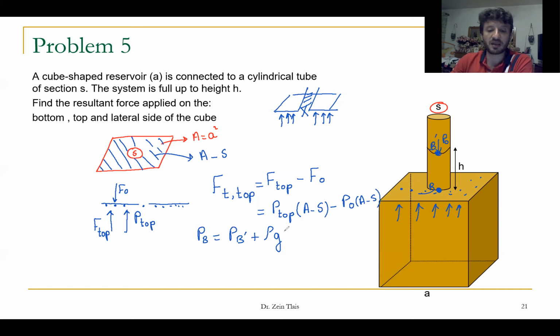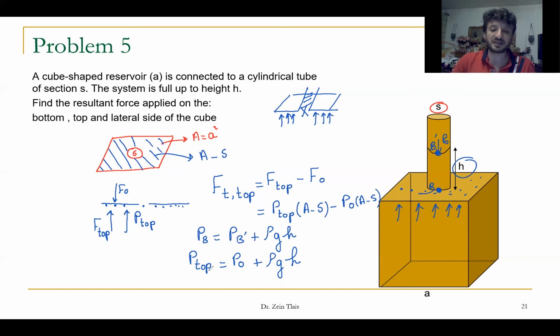The height between B and B prime is small h. PB is equal to P top, which equals PB prime, equal to P0 plus rho g h.